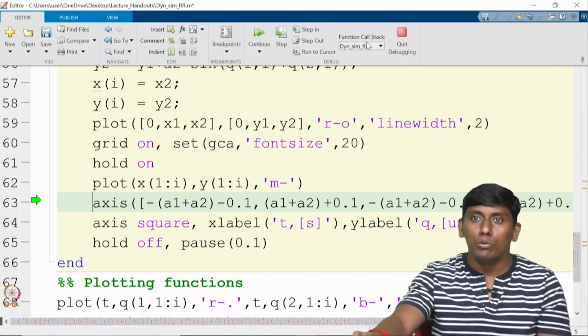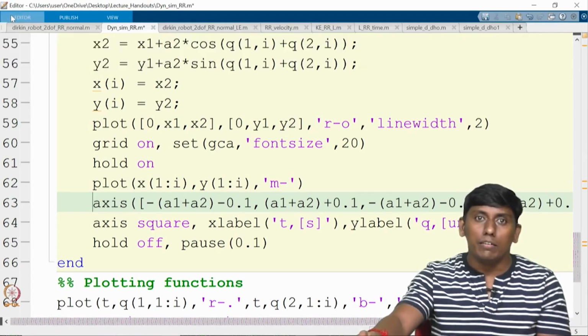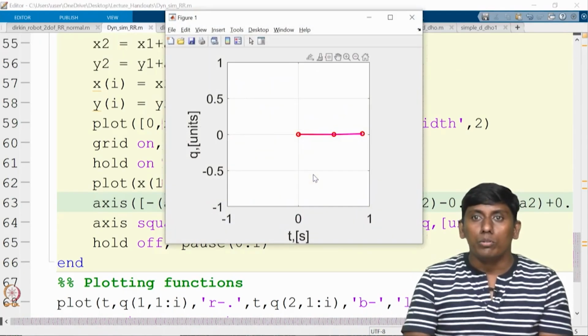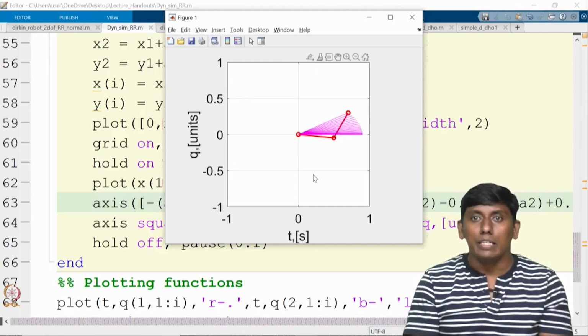I just wanted to show one addition, and with that we can end this. I want to show the time history, you can see, right.